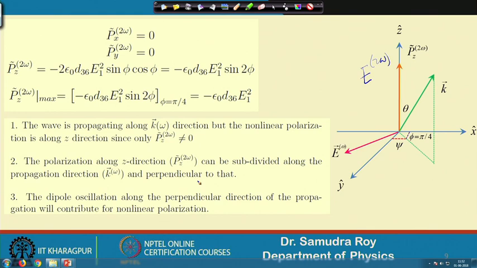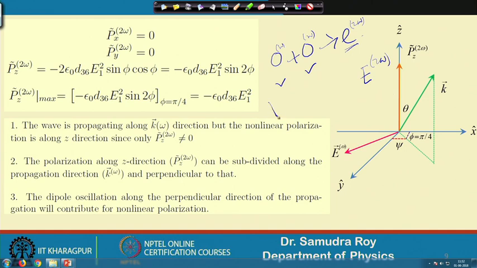So, the next thing that we need to understand is that here my scheme has to be this. That means, two ordinary waves will give rise to an extraordinary wave of frequency 2 omega. This is omega, this is omega. So, two ordinary waves can give rise to a frequency 2 omega, which is an extraordinary wave. So, now E 2 omega is an extraordinary wave.